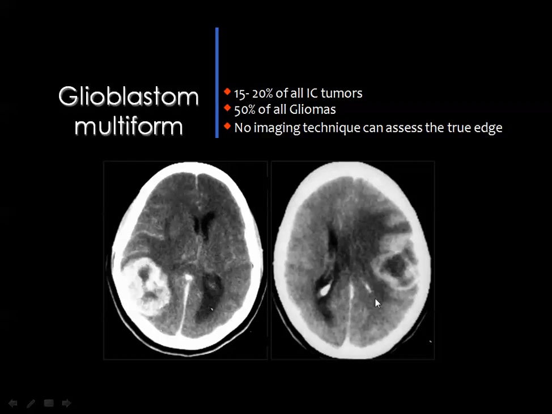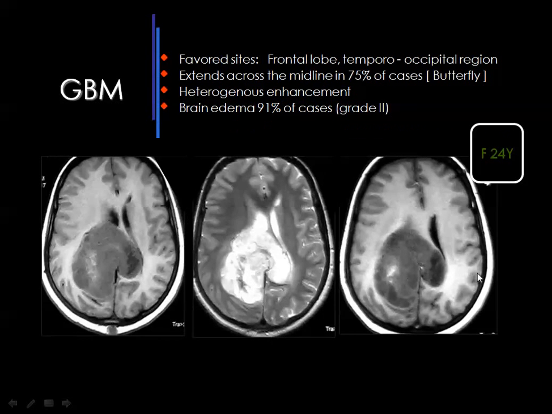And this is an example of glioblastoma multiforme, by MRI T1 weighted image, T2 weighted image, and T1 post contrast. This tumor shows low signal in the T1 and high signal in the T2, and you can see some high signals in the T1 weighted image representing intratumoral hemorrhage.